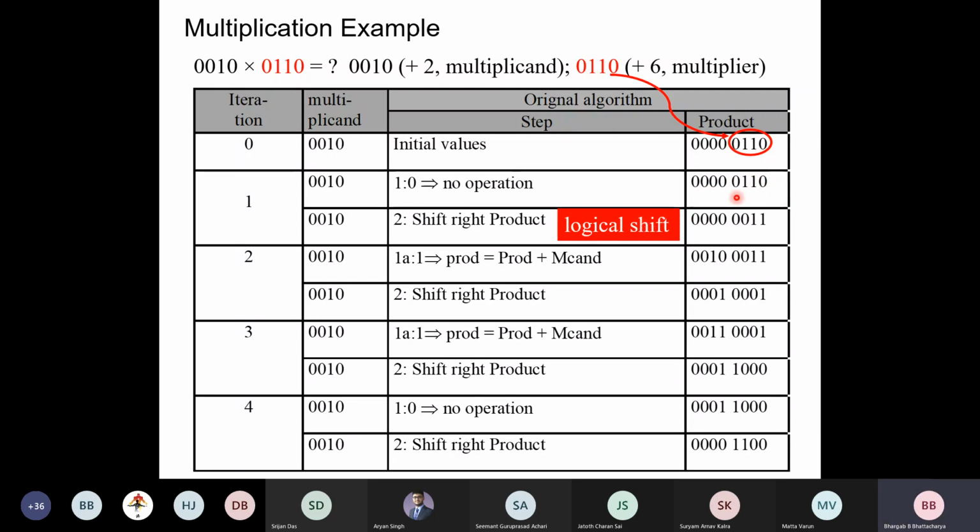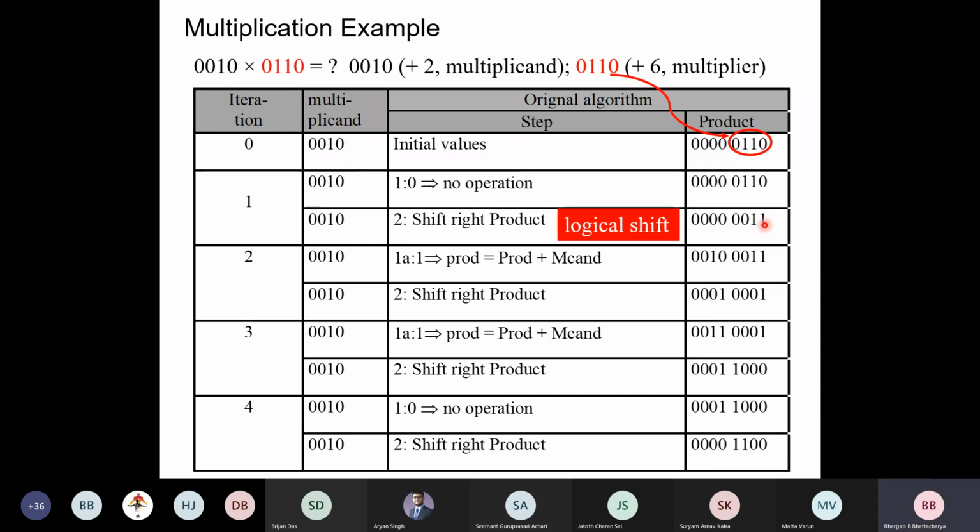So the rightmost 0 is out, and you fill the leftmost 0 here. Now you notice that initially there are 4 bits in the multiplier, and now 3 bits are left. So this shifting of the multiplier is making room for the product term.